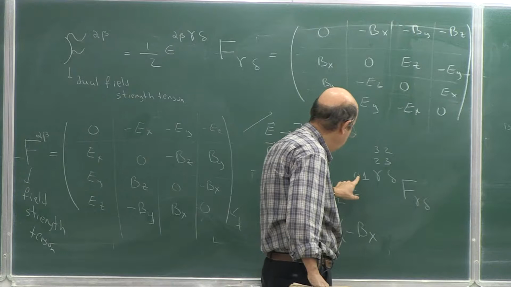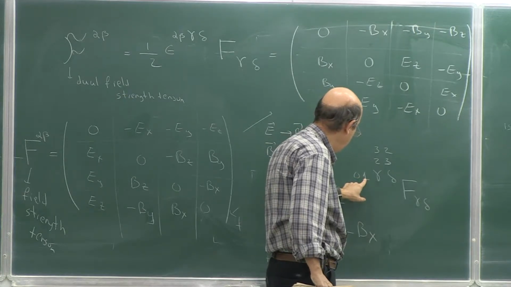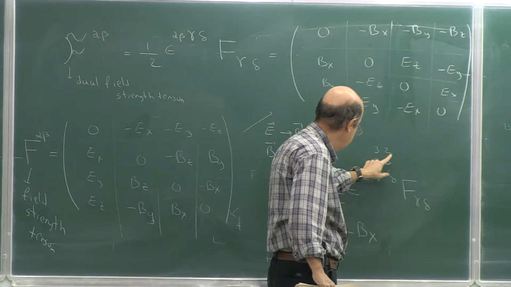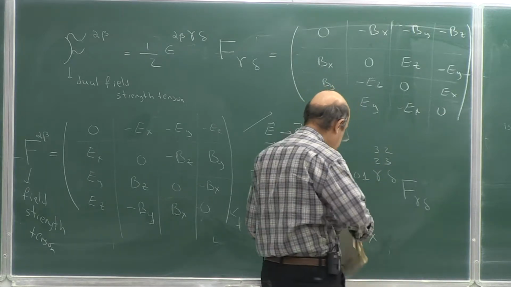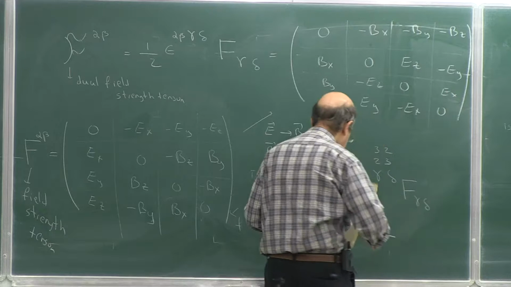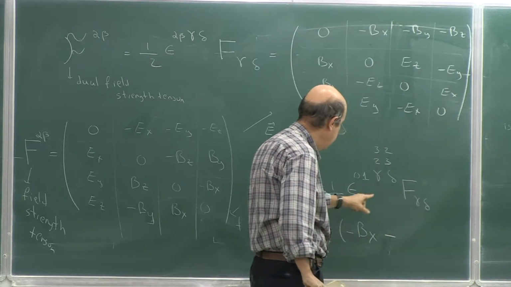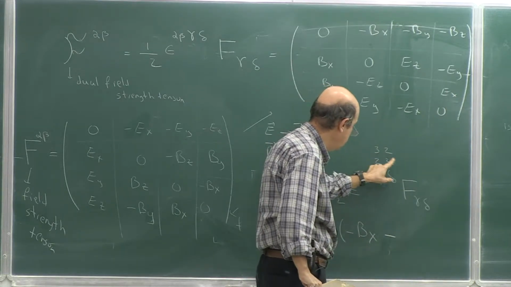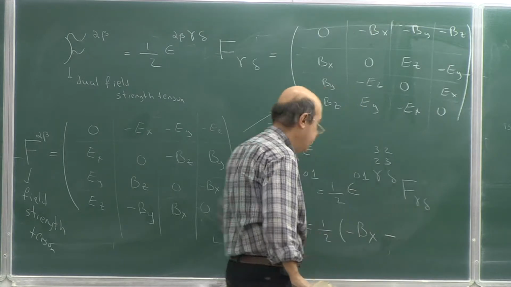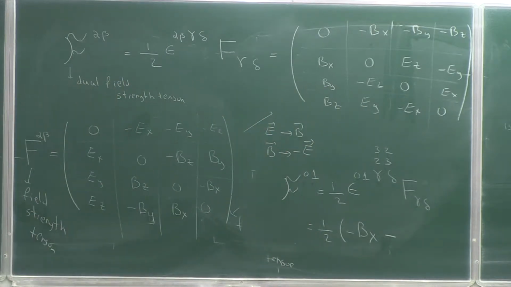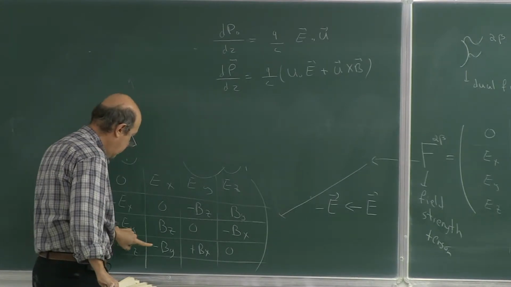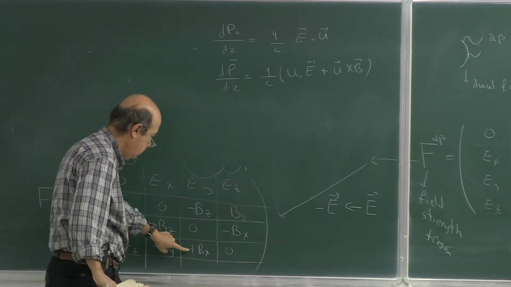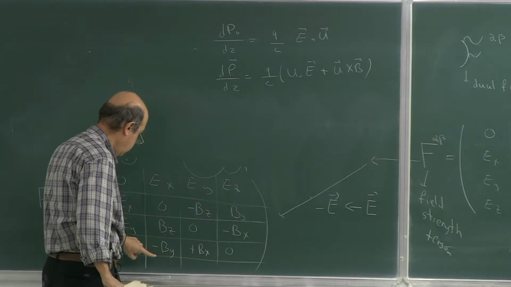And how about the 0, 1, 3, 2? This is an odd permutation. The sign is negative, and there's a 1 over 2 here. So if you put 3, 2, this should be 3, 2. What is 3, 2? Which one?